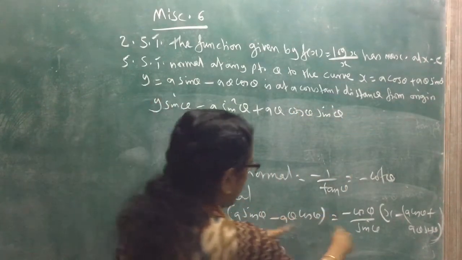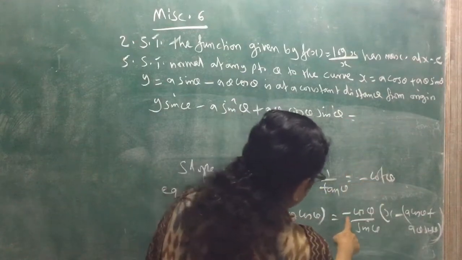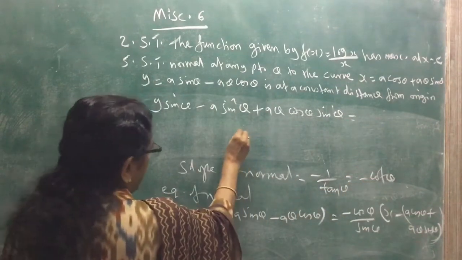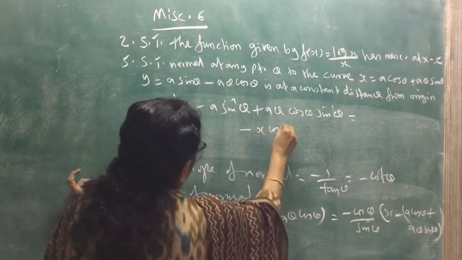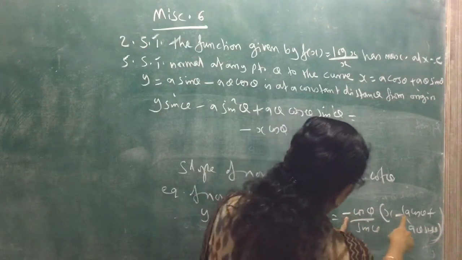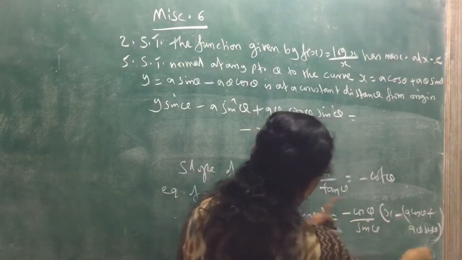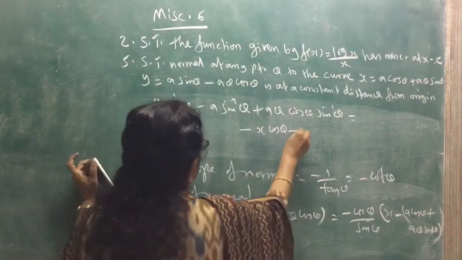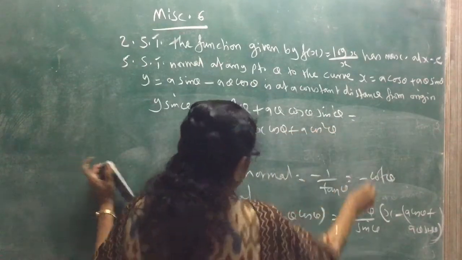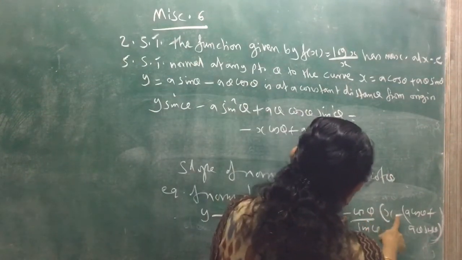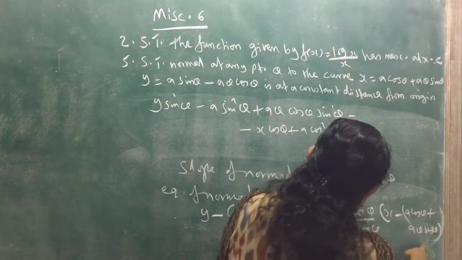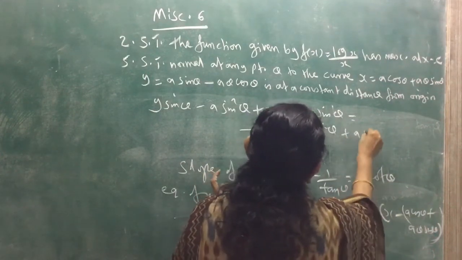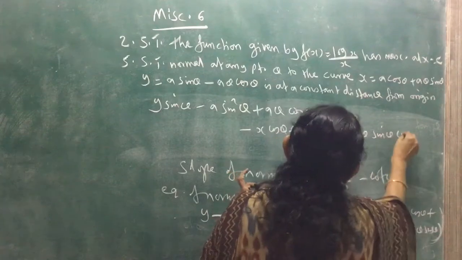Then on the right side, minus cos theta into x, that is minus x cos theta. Then minus cos theta into a cos theta gives minus a cos square theta, and minus into minus gives plus a theta sin theta cos theta.